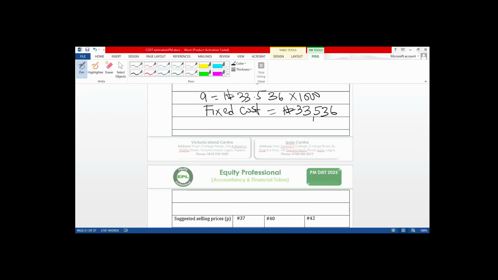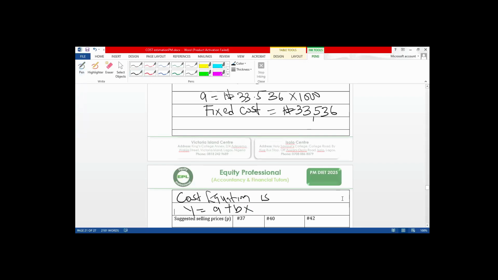Look at it. Cost equation is Y is equal to A plus BX. Let me write the cost equation first.